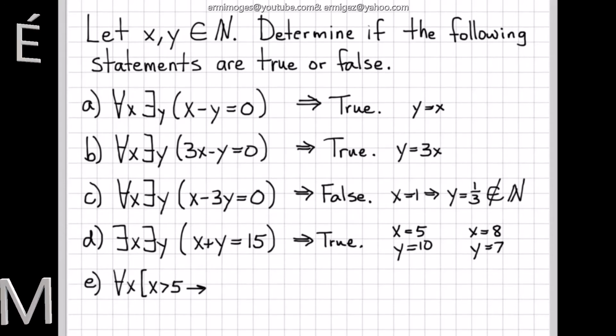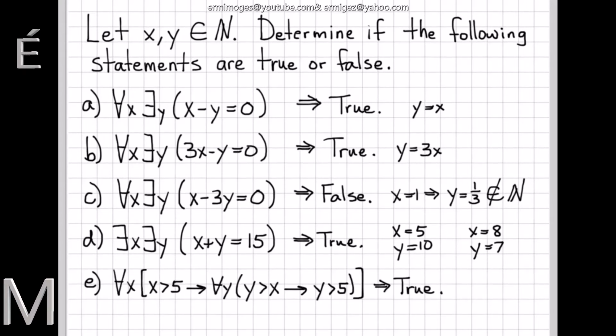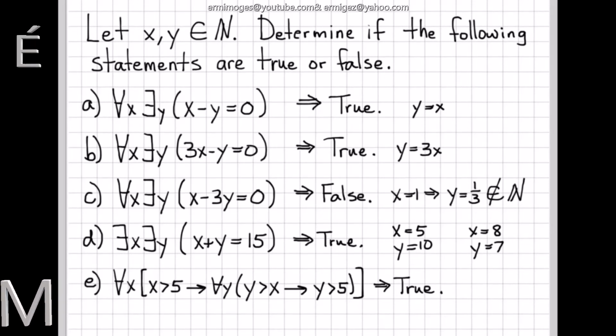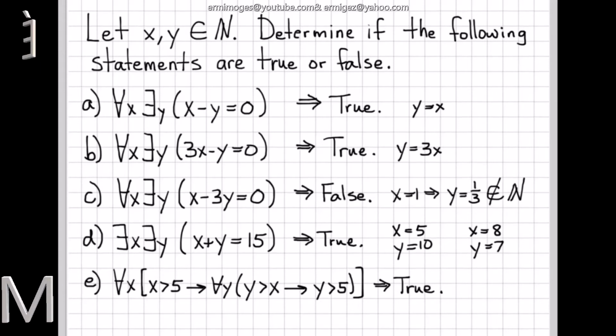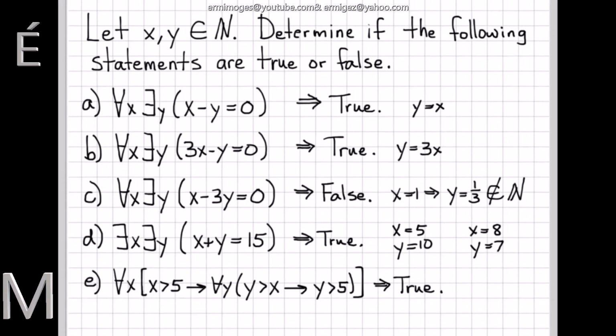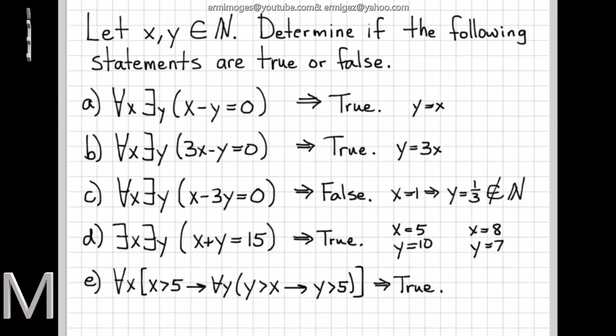What about part E? For all x, x greater than 5 implies that for all y such that y is greater than x, that y is greater than 5. So this is a much more complicated expression. You've got to kind of break it down into its parts. The statement is that for any x in the natural numbers that I pick that's greater than 5, so this would include the numbers 6, 7, 8, 9, 10, 11, etc. This implies that for all y such that y is greater than x, so since x was greater than 5, x includes 6, 7, 8, 9, so y greater than x means y has to be numbers like 7, 8, 9, 10.